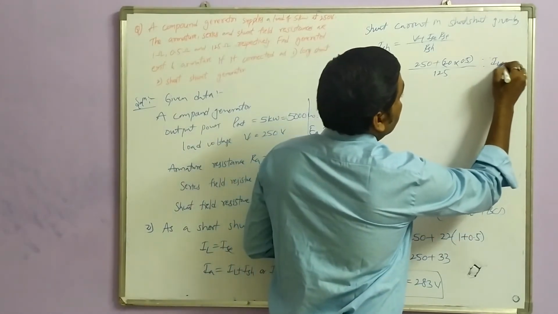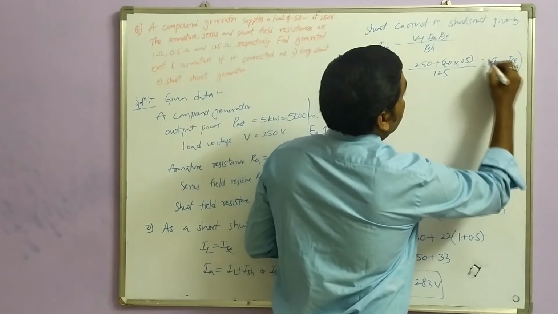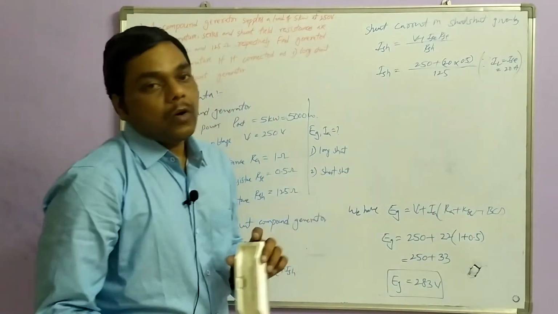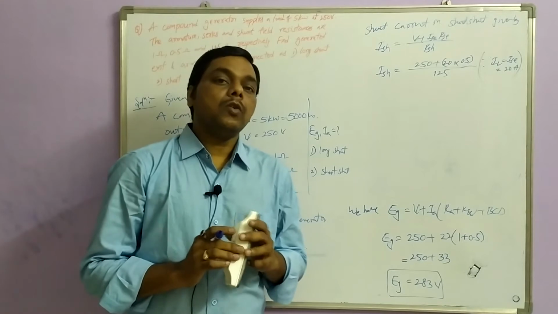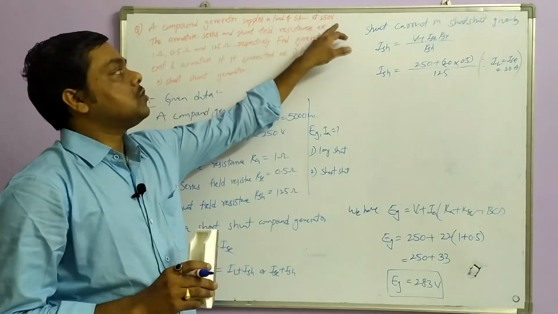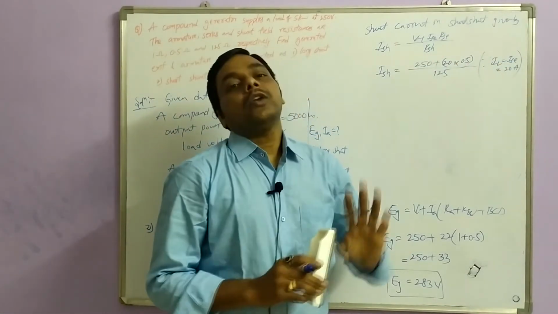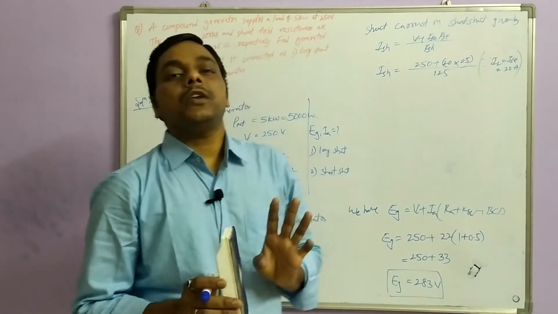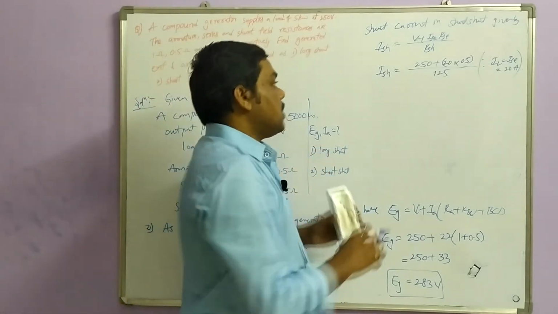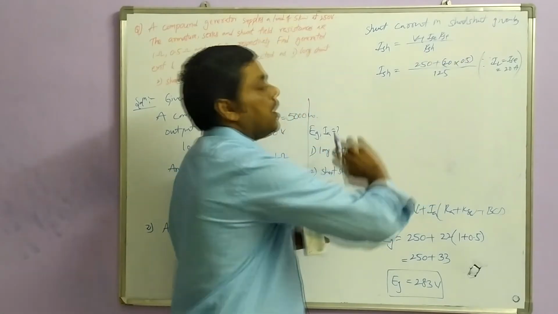Since IL is equal to ISC is equal to 20 amperes, the load current remains the same. There is no change in load current since the output power is 5 kilowatts at 250 volts. So ISH is equal to V plus ISC into RSC by RSH.